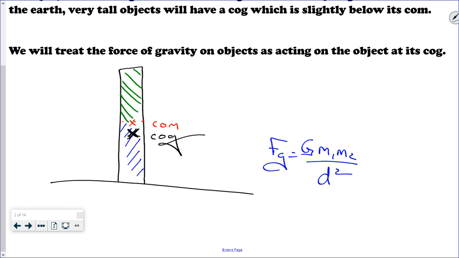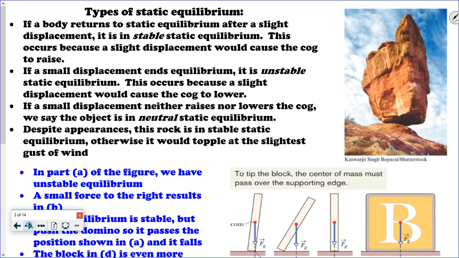But that's only for very, very large objects. For all intents and purposes, that might be a multiple choice question on an AP exam. But in terms of problem solving, we're always going to assume that these two occur at the same point.